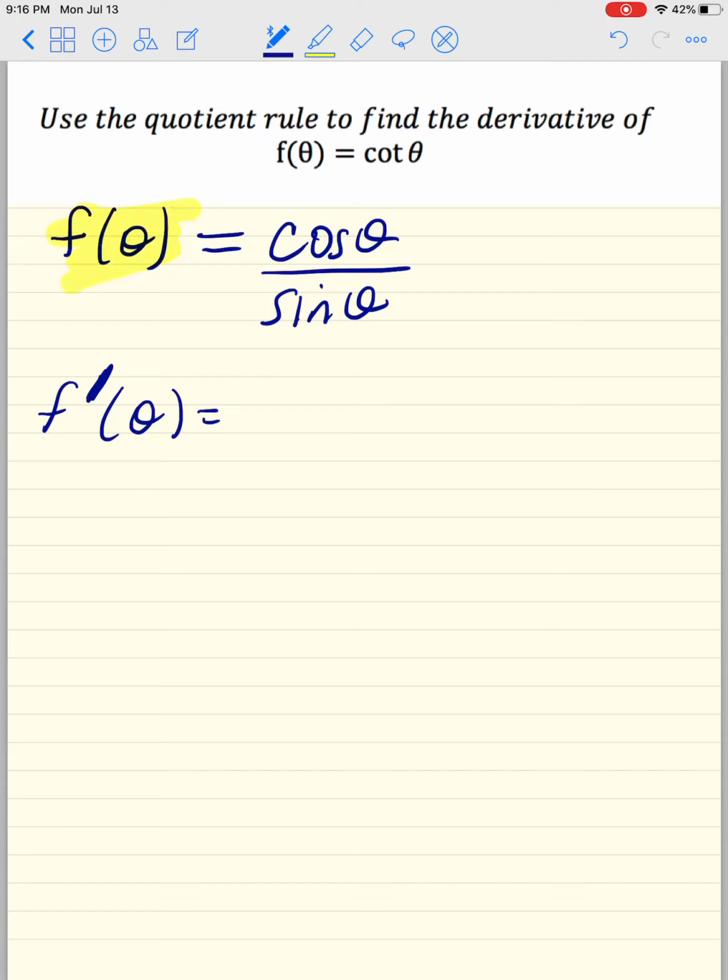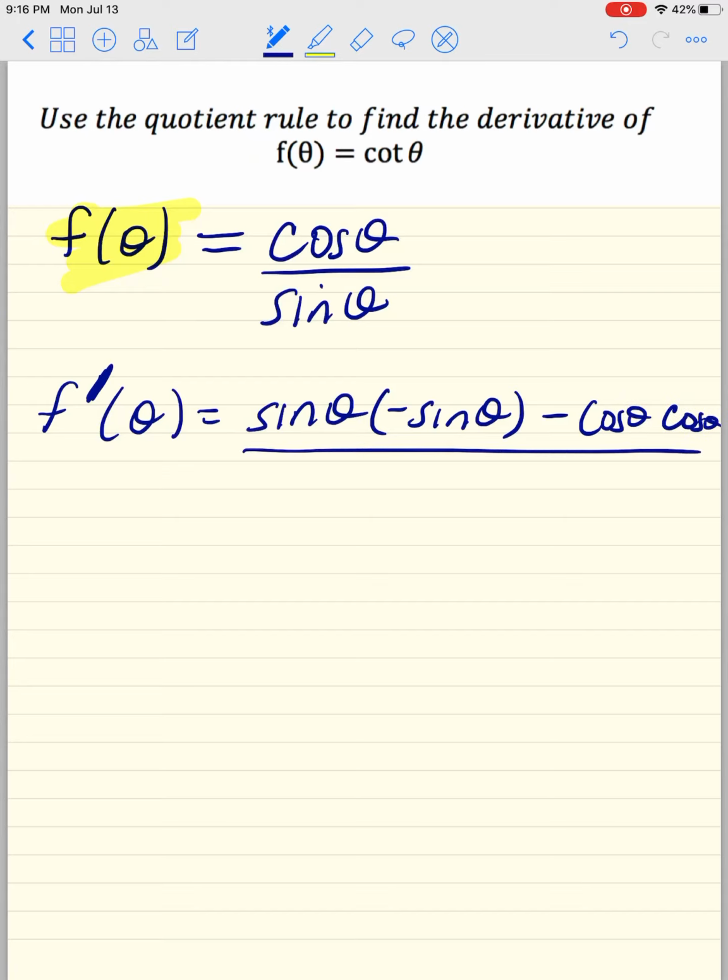So now we're going to do the quotient rule. We're going to keep the bottom, derivative of the top. The derivative of cosine is negative sine. And now minus keep the top, derivative of sine is cosine, all over the bottom squared.